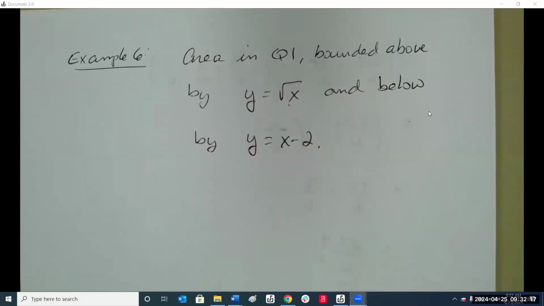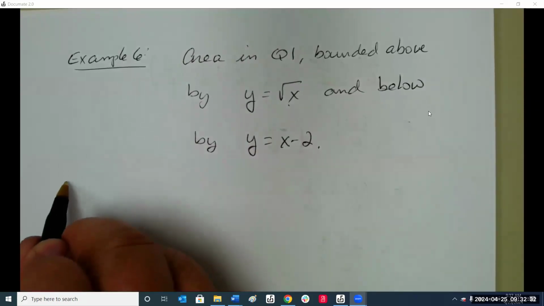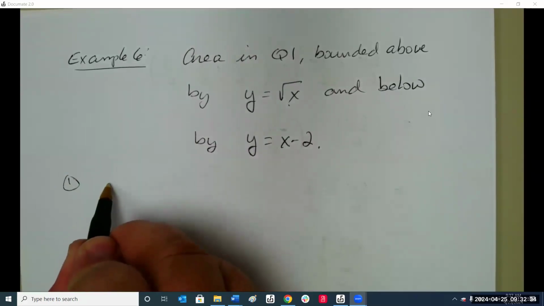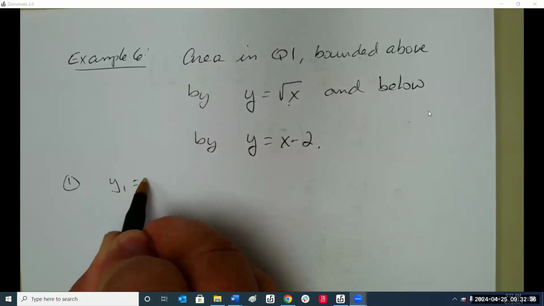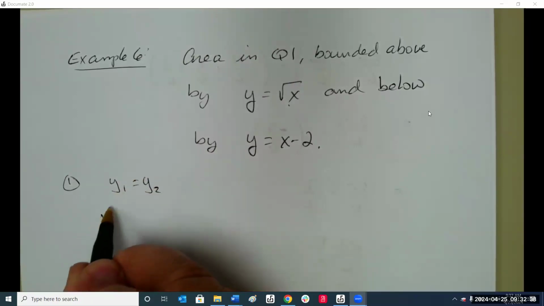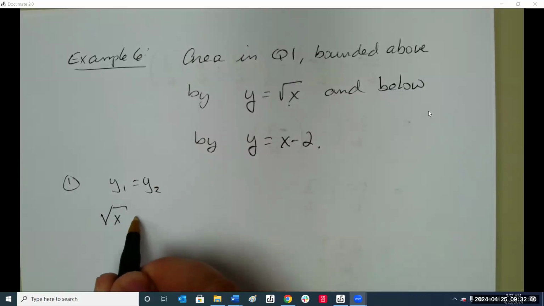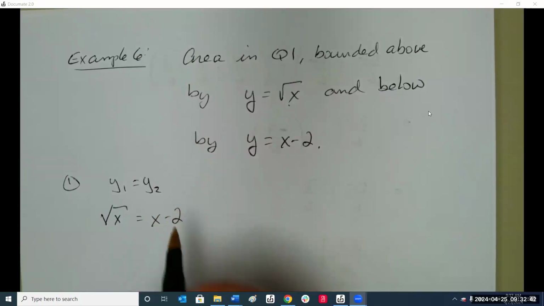So what's the first thing you gotta do? Well, there are two things we can do. We could set them equal to each other, see where they intersect. So I set y1 equals y2. So square root of x equals x minus 2.